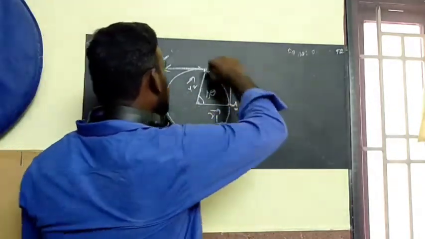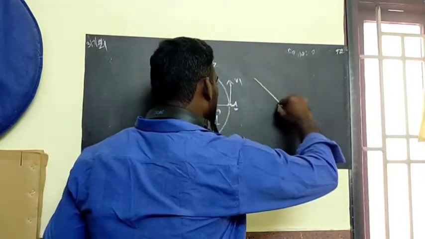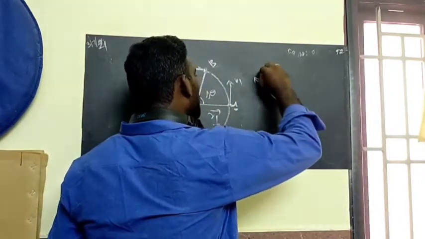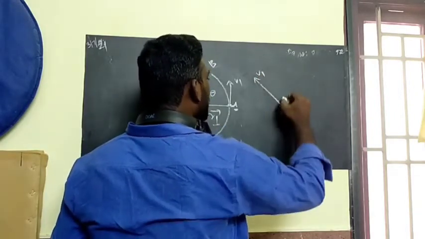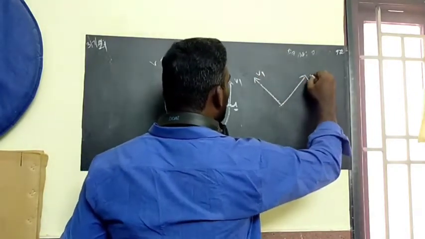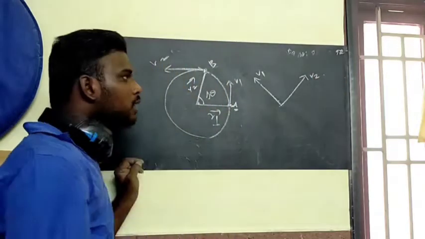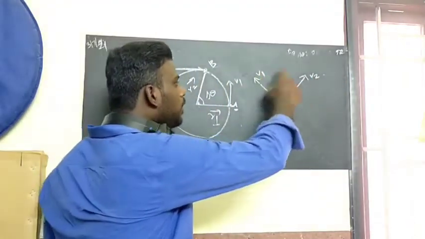If we extend this, this is the direction of V1 and this is the direction of V2. So the velocity changes from V1 to V2.